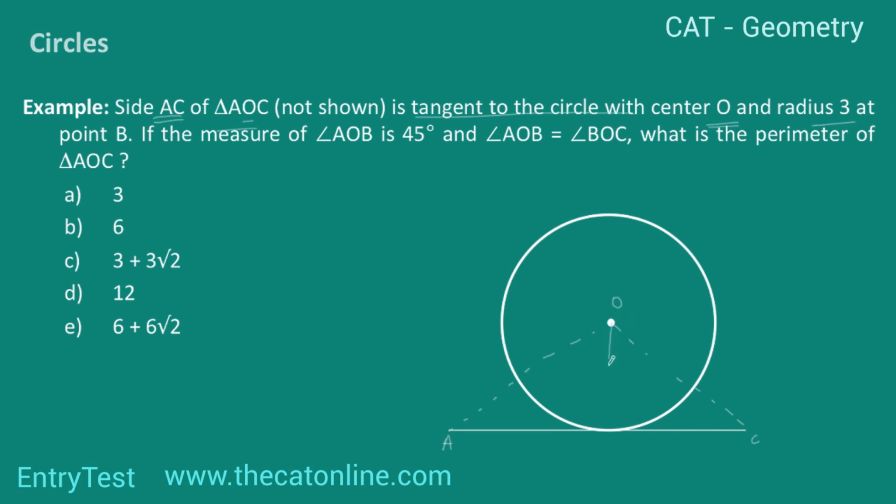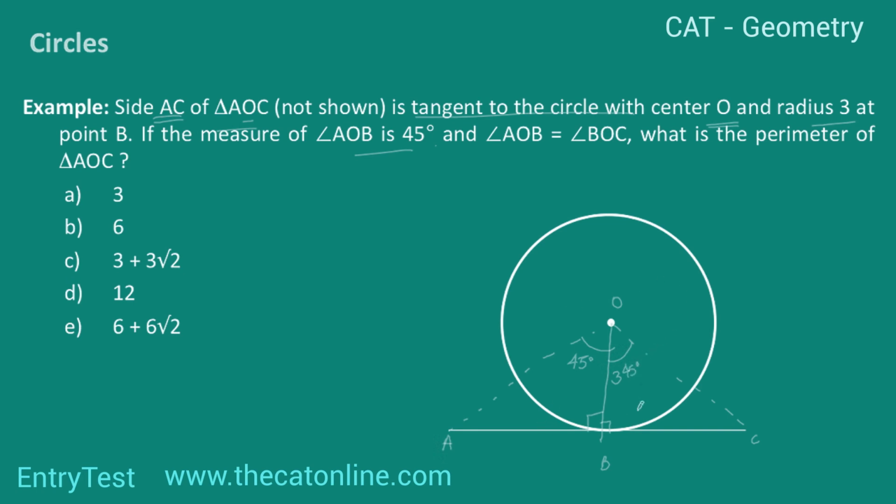Radius, I would understand that this is 3. I know that this is always perpendicular. If the measure of AOB is 45, this is B. AOB is given to you as 45. This is 90, this is 45. And AOB is equal to BOC. This is also 45 degrees.